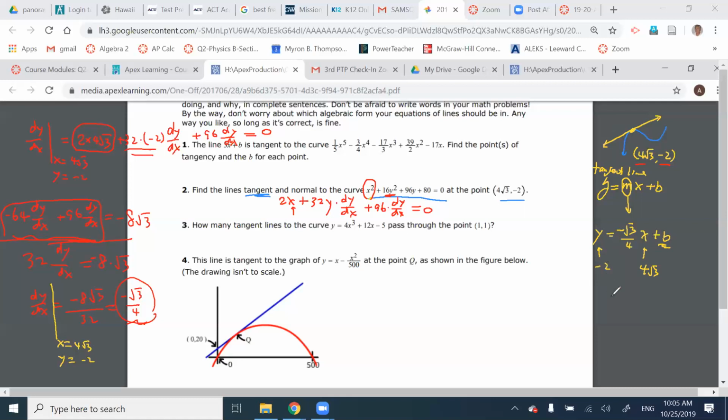Good. Okay, solve this right now, please, everybody. We're practicing this and at the same time practicing algebra skills and differentiation. It's the overall practice. So right now we have -2 equals -√3 over 4 x. Oh no, we knew the x already.